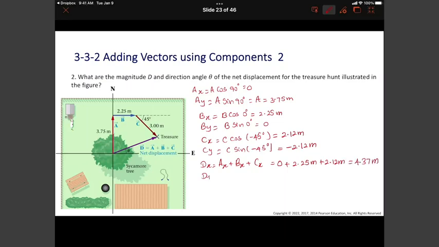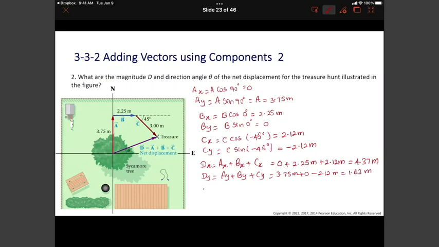And the y component of vector D is Ay plus By plus Cy. Ay is 3.75 meter, By is 0, and Cy is minus 2.12 meter. So it is 1.63 meters.